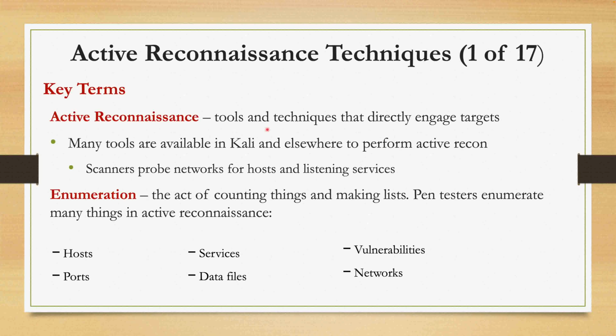There are so many tools in Kali Linux and elsewhere that you can use to scan or probe networks for hosts and listening services. Then we have enumeration, which is the act of counting things, making lists, and discovering more information about the open ports. Pen testers enumerate many things in active reconnaissance, like hosts, ports, services, data files, vulnerabilities, and networks. We're going to look into some of them.